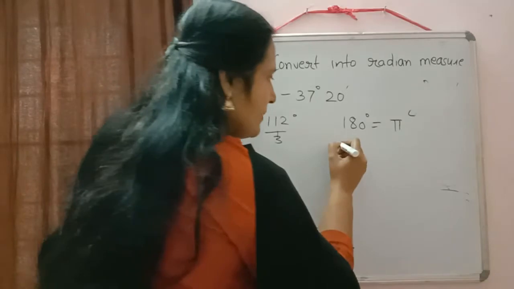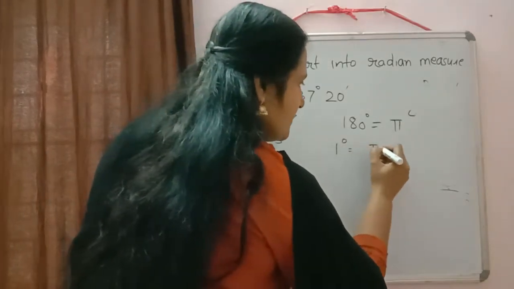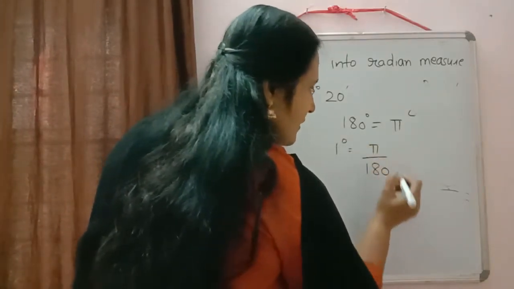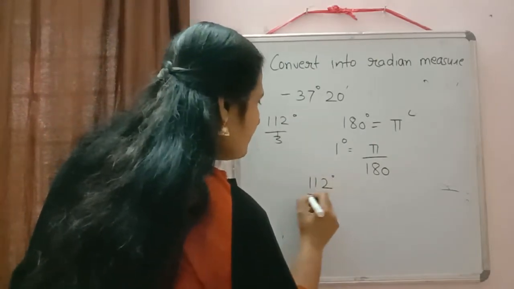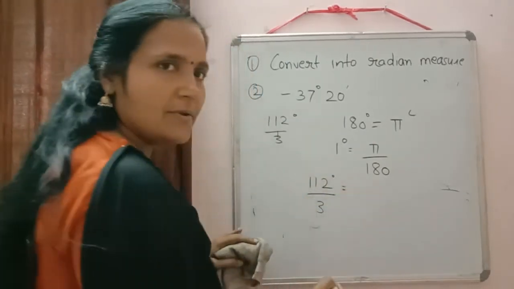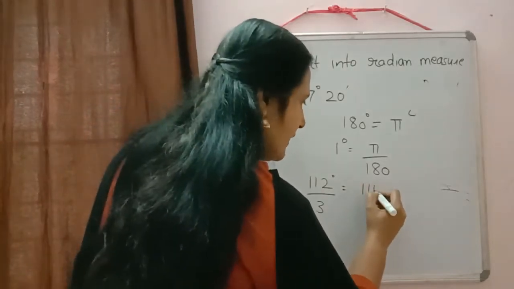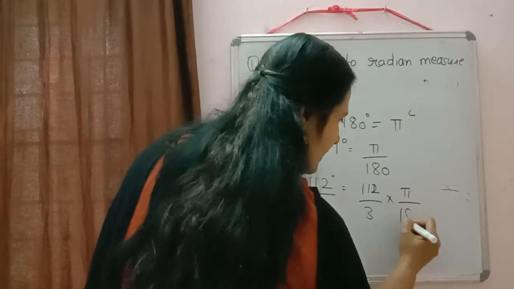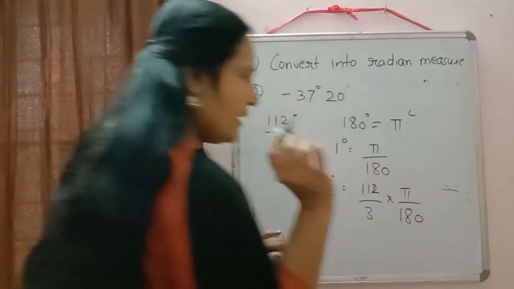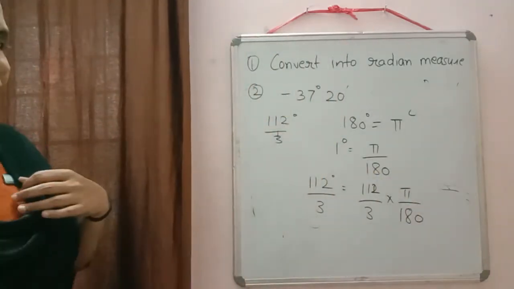So from here, 1 degree will be equal to pi by 180. So 112 by 3 degree will be equal to 112 by 3 into pi by 180.